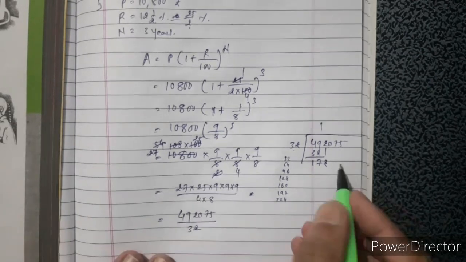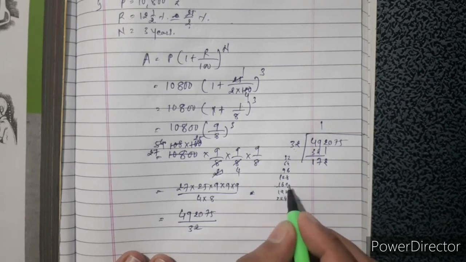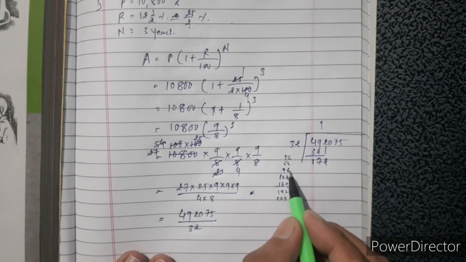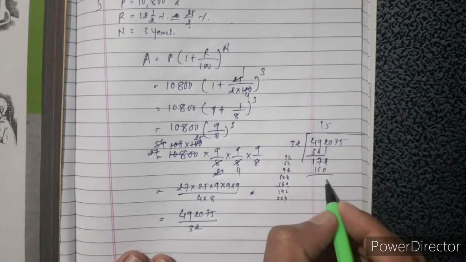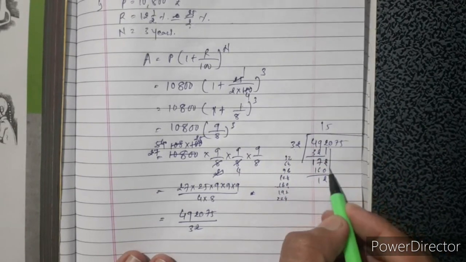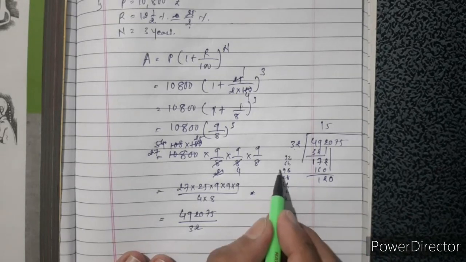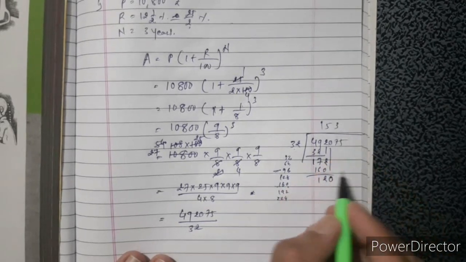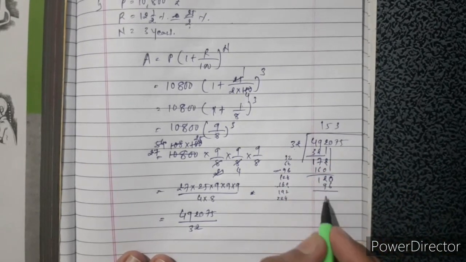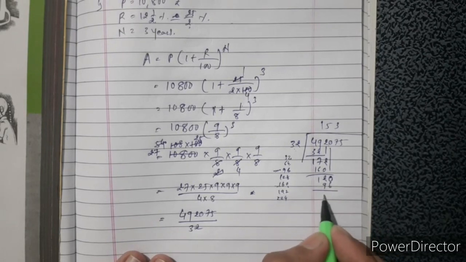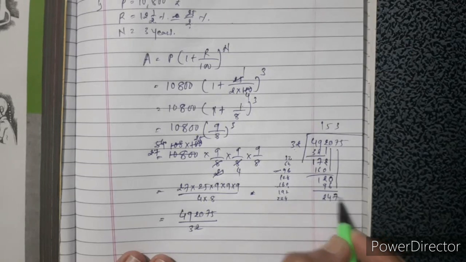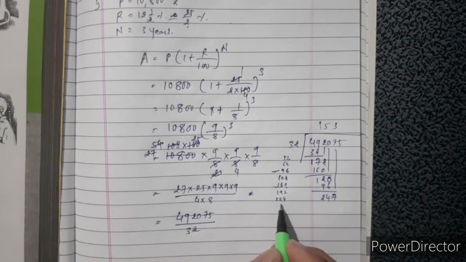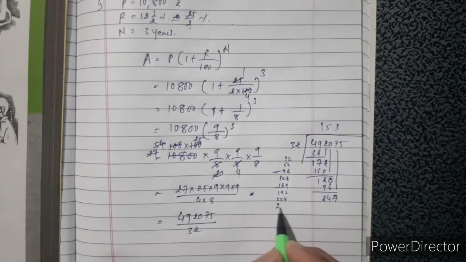So here 172 is there, so that is 160, 5s are 160. So 2 and 1, now 0 comes down, that is 120. 120 means 3s are 96, so 20 and 4, that is 24. Now 7 comes down, so 247.